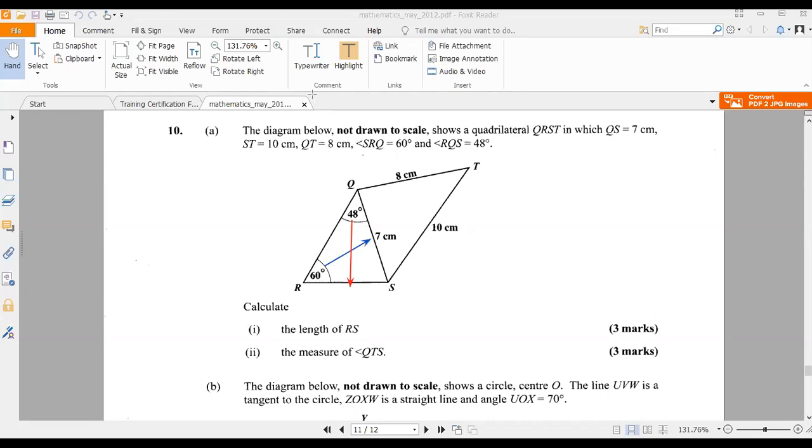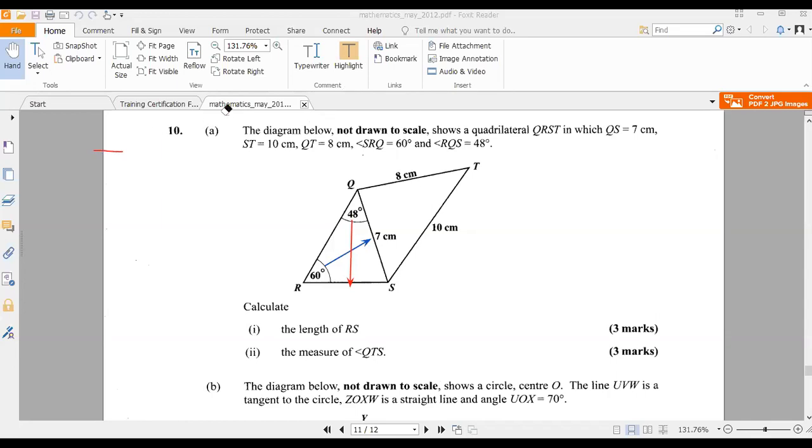If I'm going to use the sine rule, I'm going to use two angles, angle R and angle Q. Can anybody tell me how I will write the formula for sine rule in this particular case? Let's start with the formula. Small q over sine capital Q equal to.